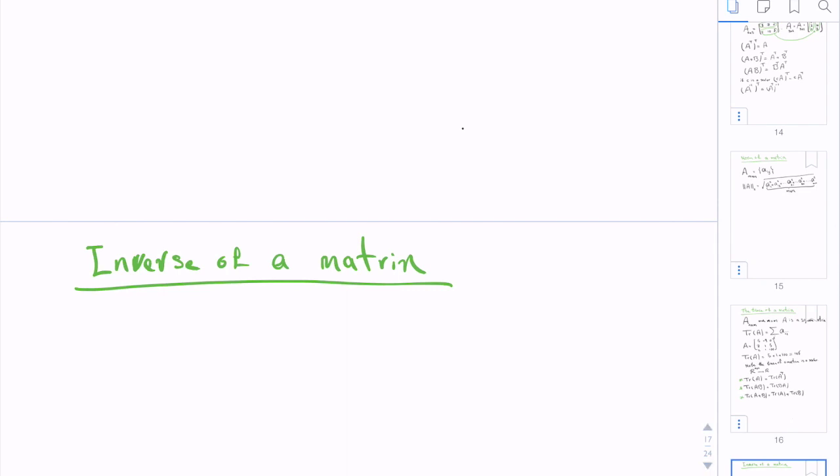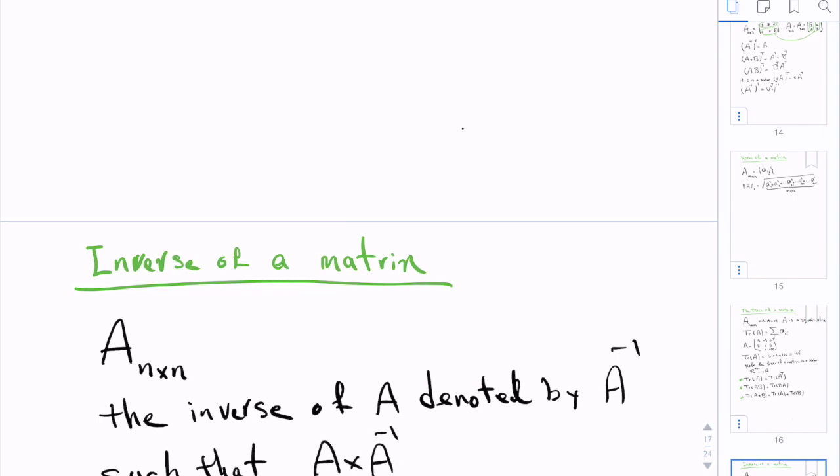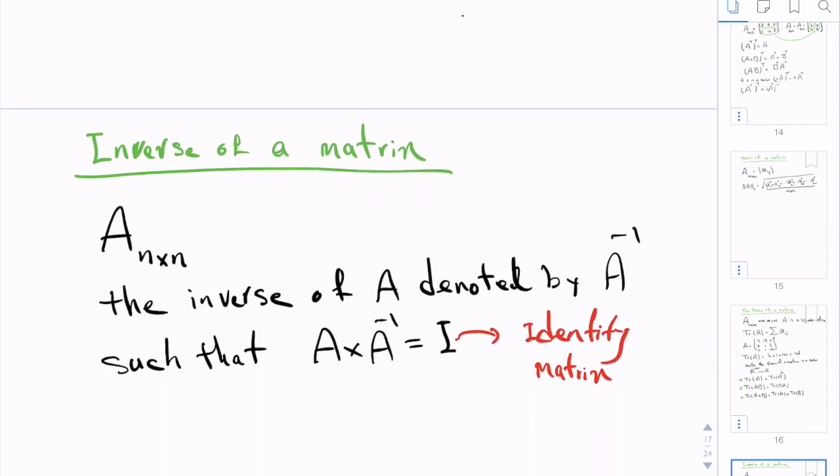If A is an n by n matrix, that means A is a square matrix, then the inverse of A, denoted by A inverse, is such that A times A inverse is equal to the identity matrix. We know this is the definition of the identity matrix. It's very similar to the inverse of a real number, but in this case, instead of getting a scalar, we get an identity matrix.